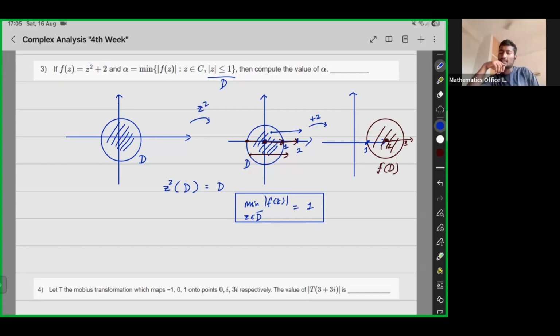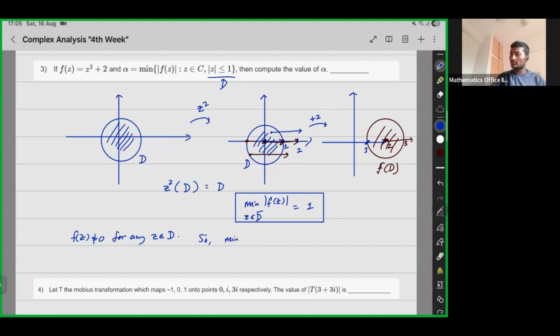One thing is that this function is never 0, it never takes the value 0 on D. f(z) is not 0 on D. So the minimum modulus method holds, and it shows that the minimum exists.